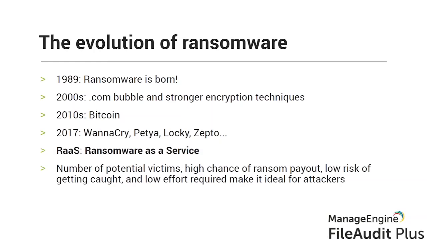And then of course in 2010, with Bitcoin becoming a thing, that made ransomware even more powerful because now people could get the ransom payment through Bitcoin, which made it untraceable, right? So cyber criminals obviously now prefer ransomware because it gives them anonymity in payment, and it's also become highly profitable, right?